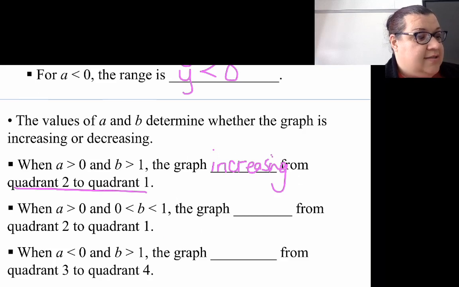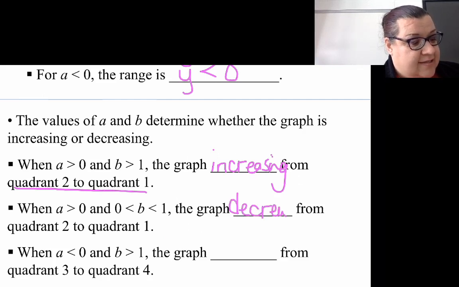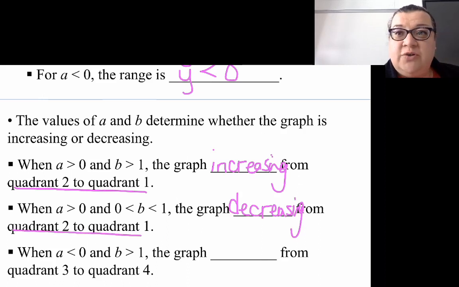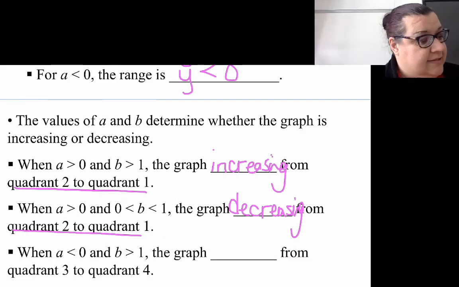When a is positive but b is a decimal or a fraction from 0 to 1, we got a decreasing graph. This is just summarizing all the stuff we've already seen. So we get a decreasing graph going from, again, quadrant 2 to quadrant 1, meaning we're above the x-axis.